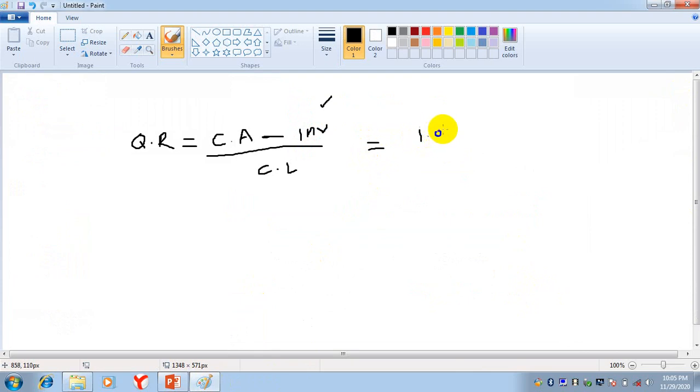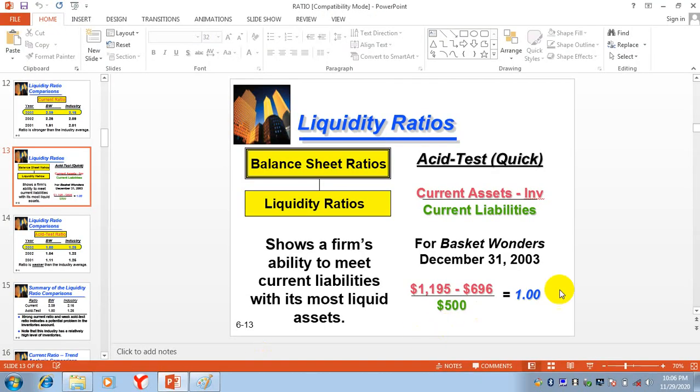The standard is also 1 for the quick ratio. 1 divided by 1 means if you have $1 of current liability, you have $1 of quick current assets to repay this liability. 1 to 1, it is fine, it is good. Standard is also 1, but if it is below 1, it is not good. So 1 to 1, fine.